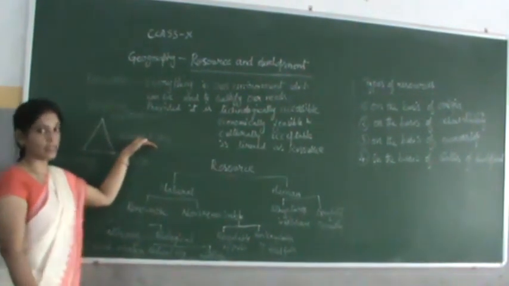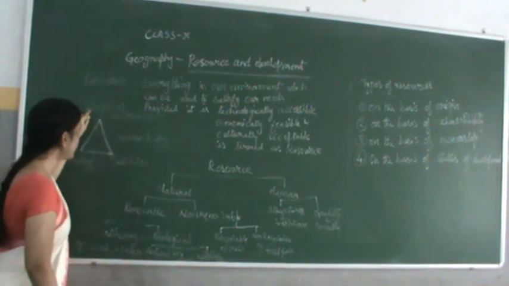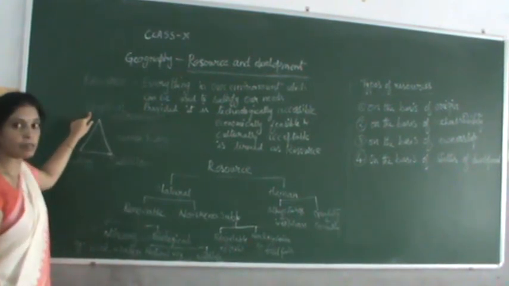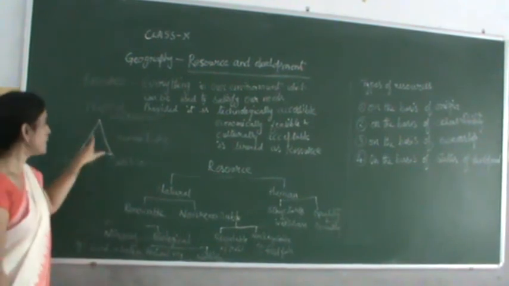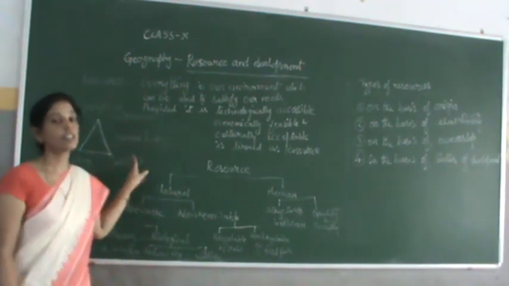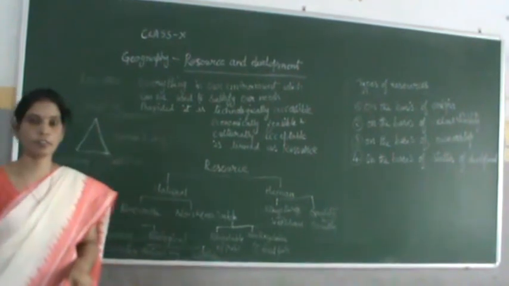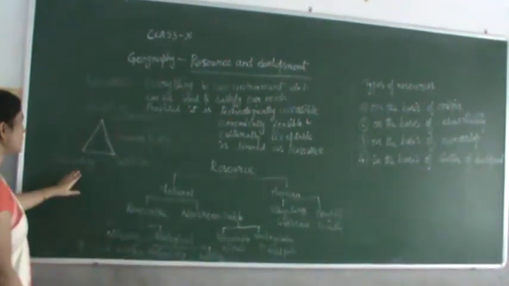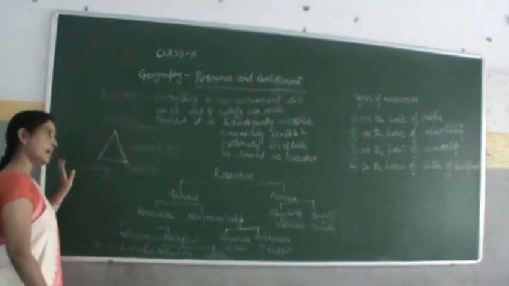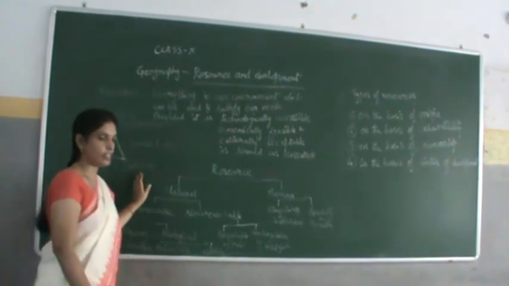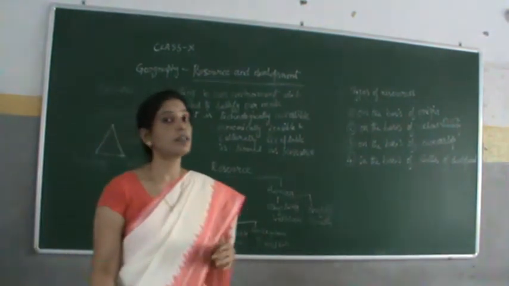These human beings interact with the environment, and with the help of technology, they create the institutions to transform these resources. Got my point, children? So human beings with the help of nature and technology create the institutions and transform the resources.